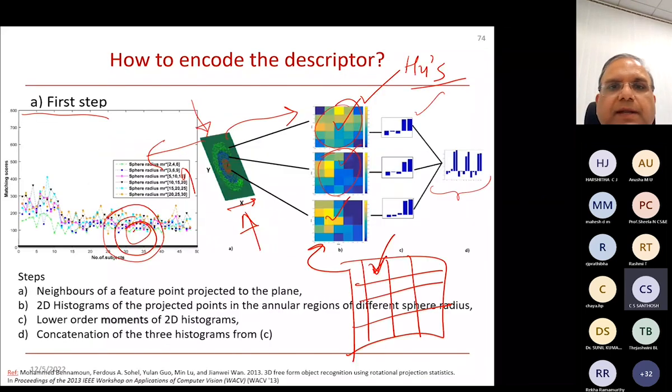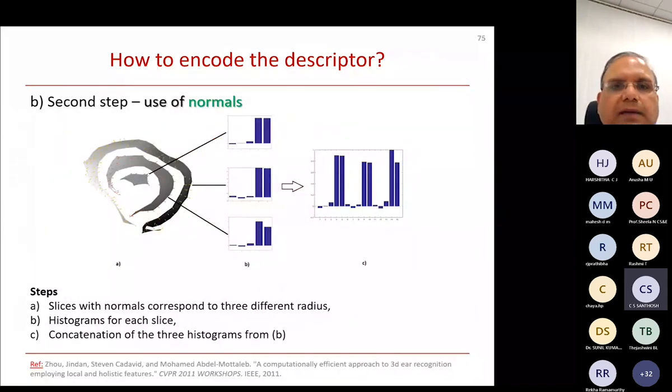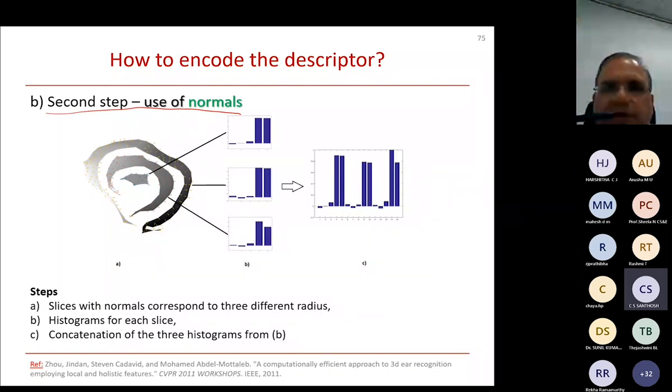So this is one vector that we are getting with the help of projection of the points in the concentric spheres that we are considering. The same way here, the procedure is quite similar, but in this case we are considering the normals of those points. So normal is a vector.